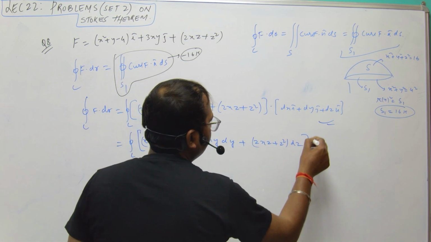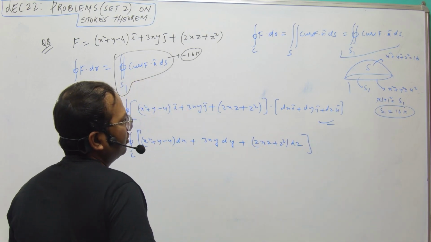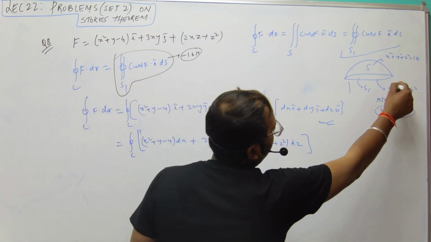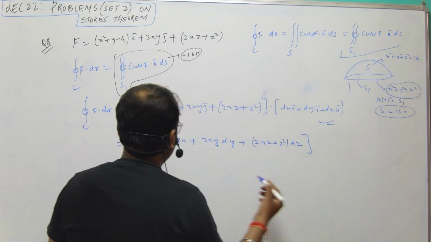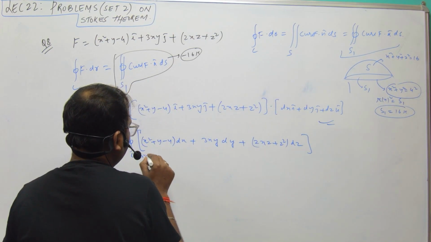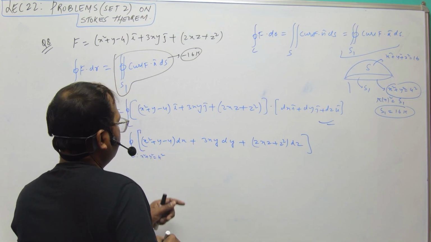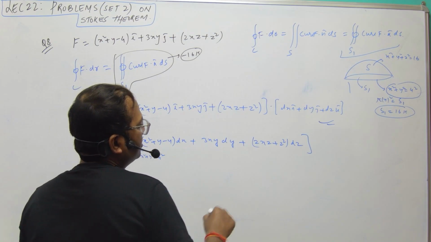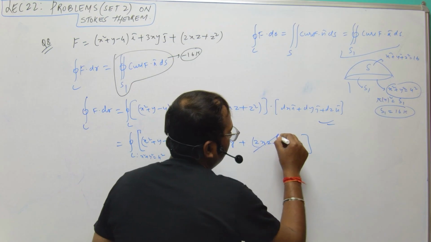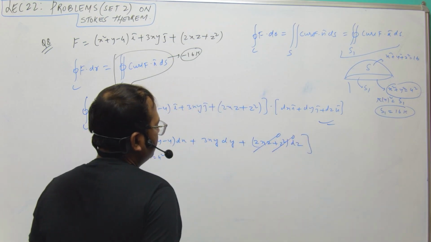On curve C, which is a circle of radius 4 units, we have the equation x square plus y square is equal to 4 square. On circle C we have the value of z as 0, so there will be no term of z, so this is straight away 0.